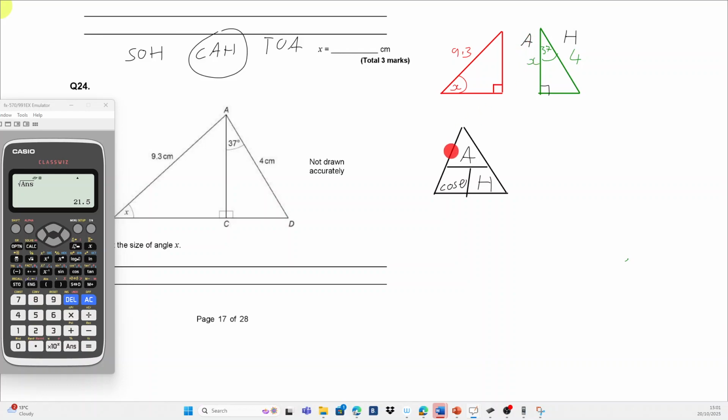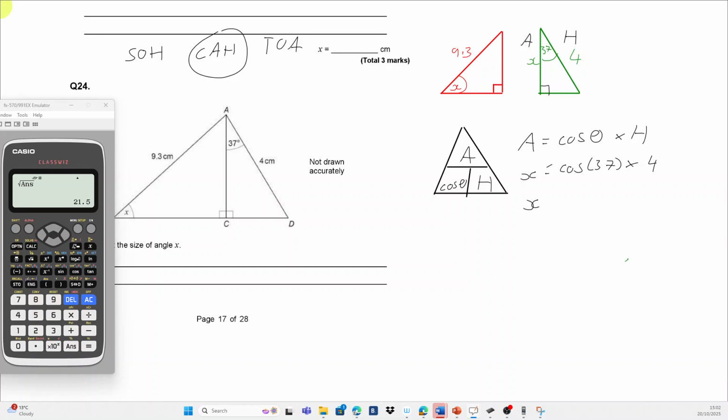And A, again, put your finger over A and say, well, that A is going to be equal to cos of the angle theta multiplied by the hypotenuse. So cos of the angle theta times the hypotenuse. A is equal to X, so X is going to be equal to cos of the angle, which is 37, multiplied by the hypotenuse, which you can see is 4. So times it by 4.